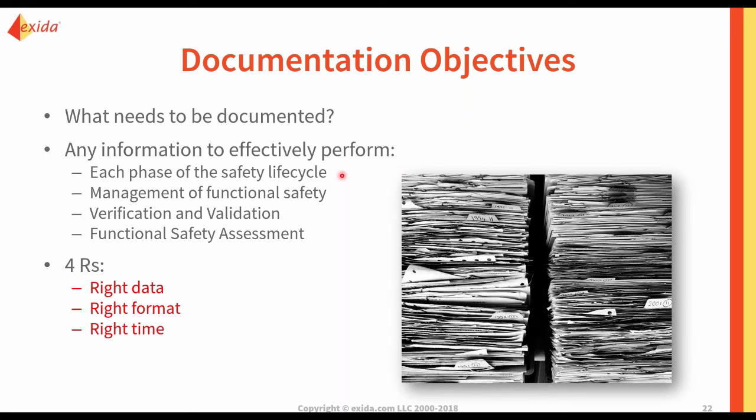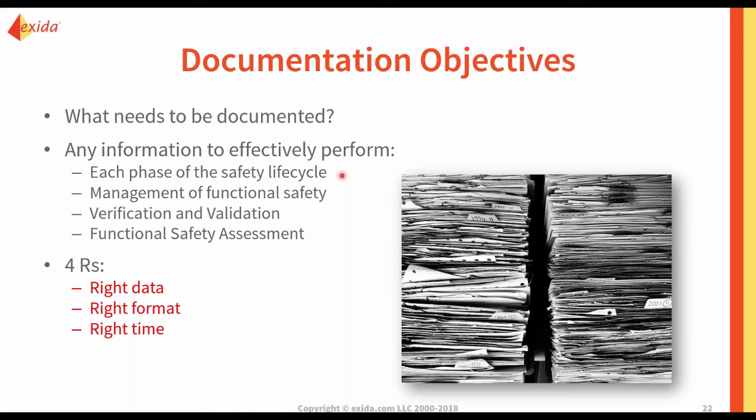Have it at the right time, so ensure that in the overall project life cycle that the documentation is available when it's required. So if you don't document the safety requirement specification until you've already gone through and done the design of the safety instrumented system, you really can't take advantage of having those clearly defined requirements, and it takes rework then to go back and ensure that all of those requirements are met.